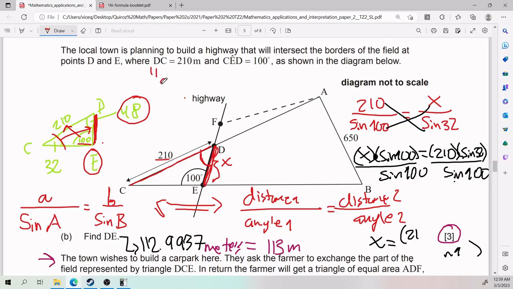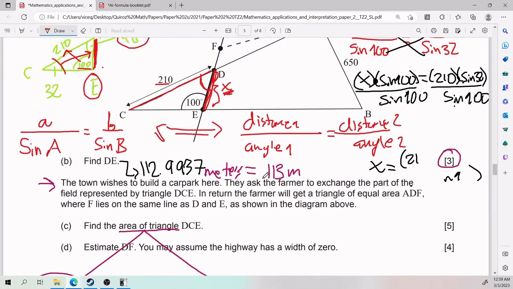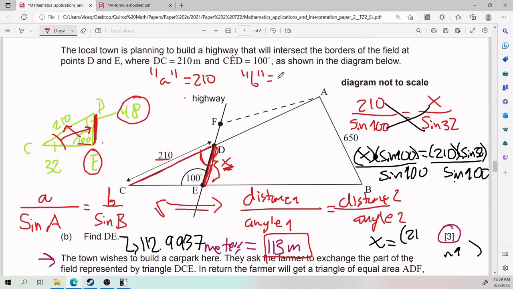So my little a is going to be 210. My little b, again, it's arbitrary, is going to be the x value from earlier, which we said was 113. And my big C, so this C here, is going to be 48.